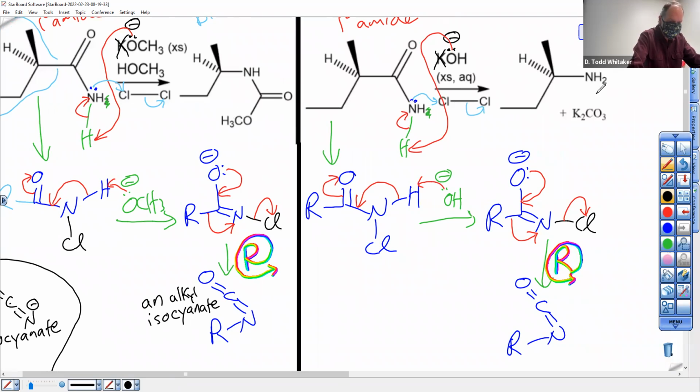And that one will do many more steps to get to here. So we have our isocyanate, and now it's all about hydroxide and water. Every step will involve either hydroxide or water until the end, as an acid-base conjugate pair, okay? And a nucleophile. Hydroxide's a good nucleophile.